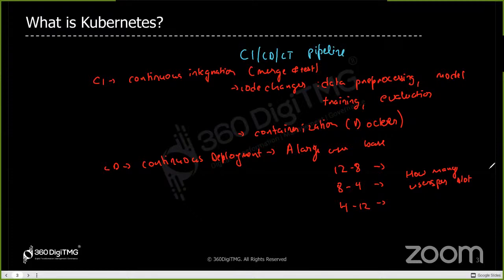Based on this information, we can decide when we need to scale up our deployment. Okay. And this is where something like Kubernetes, along with various other tools, will come into the picture.